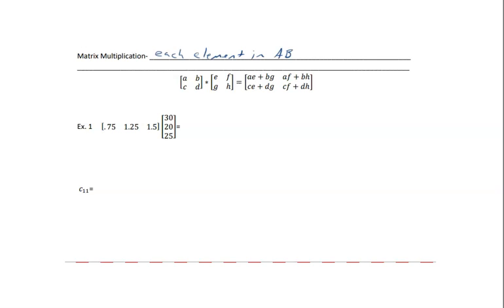Each element in this product, A times B, is the sum of the products of the elements from a row of matrix A and a column of matrix B.